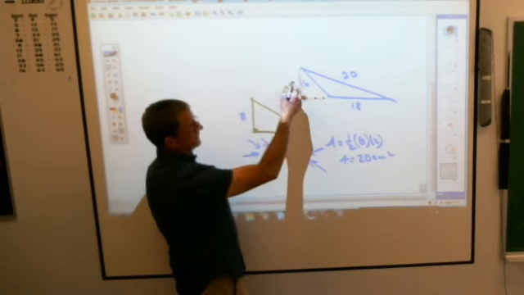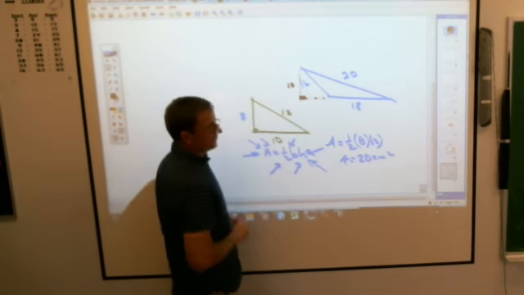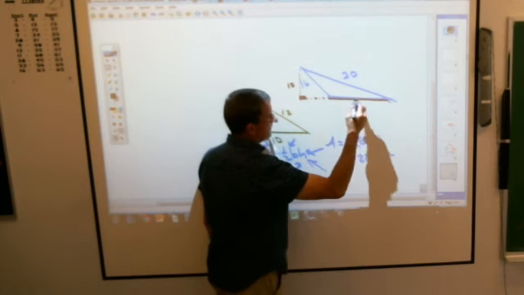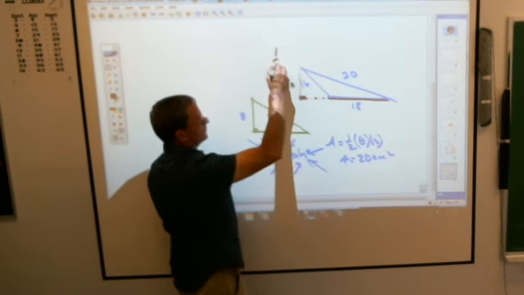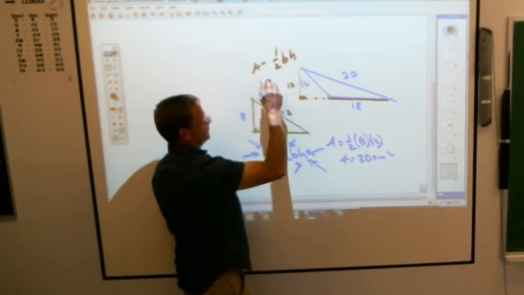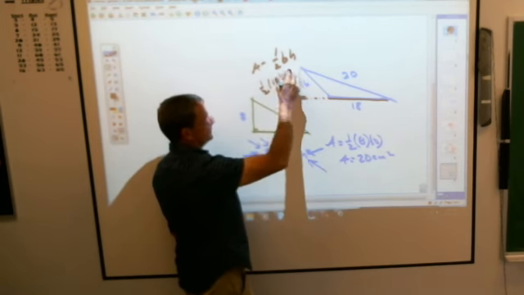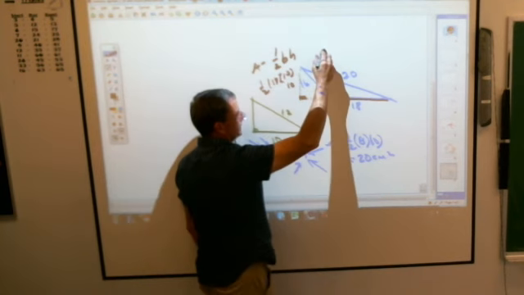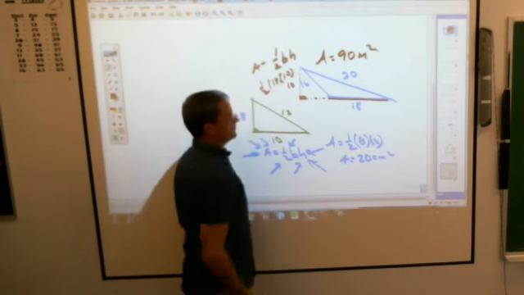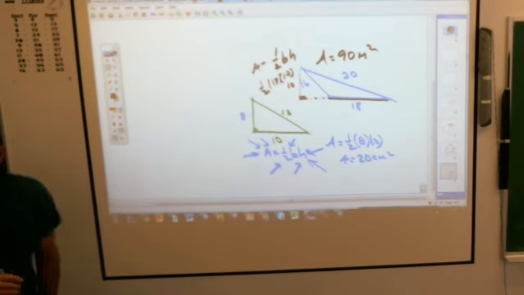Now you know what it is, and I'd have to give you this, whatever this is, 10 maybe. So the base and the height is 18 and 10. 1/2 base times height. 1/2, 18 times 10. Half of 180 is 90 miles squared, or meters squared, or whatever it is.